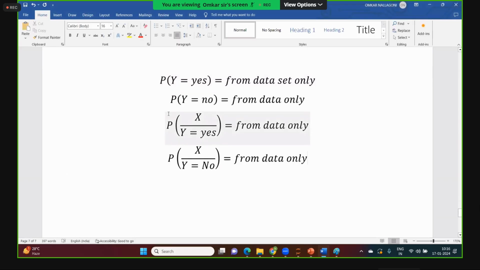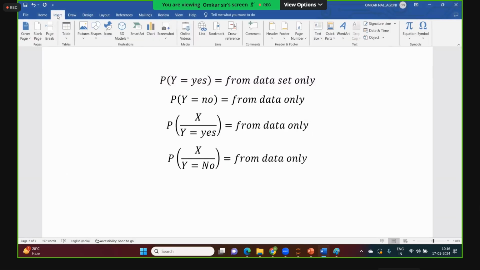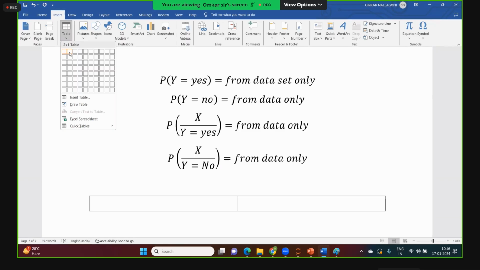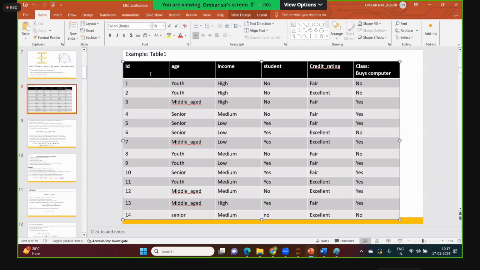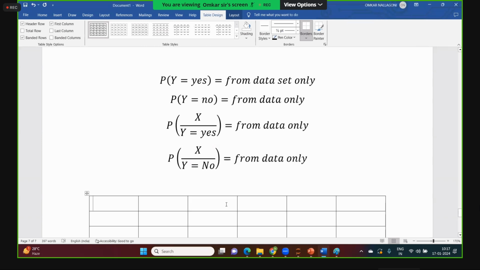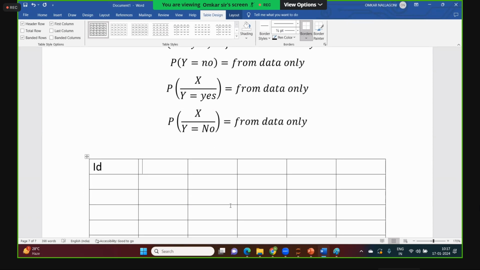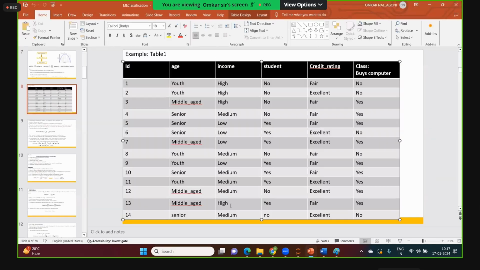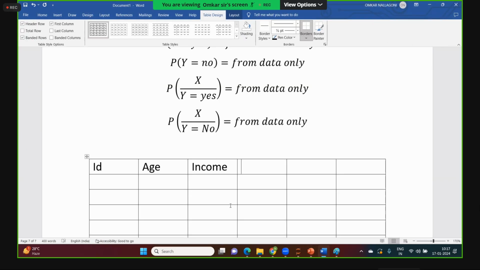There are 6 columns: the first one is ID, the second is age, the third is income, the fourth is student, the fifth is credit rating, and the sixth is the output Y.